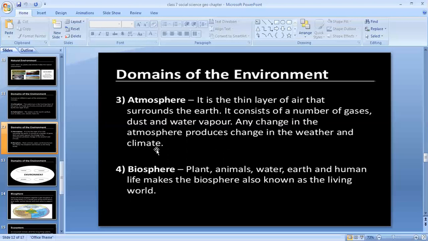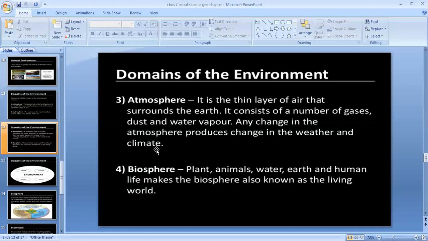One more thing you have to study in this: what do you mean by weather and climate? Weather is the change in our atmosphere within 24 hours, and the cycle of weather conditions over a long period of time, like 30 or 40 years, is known as the climate.